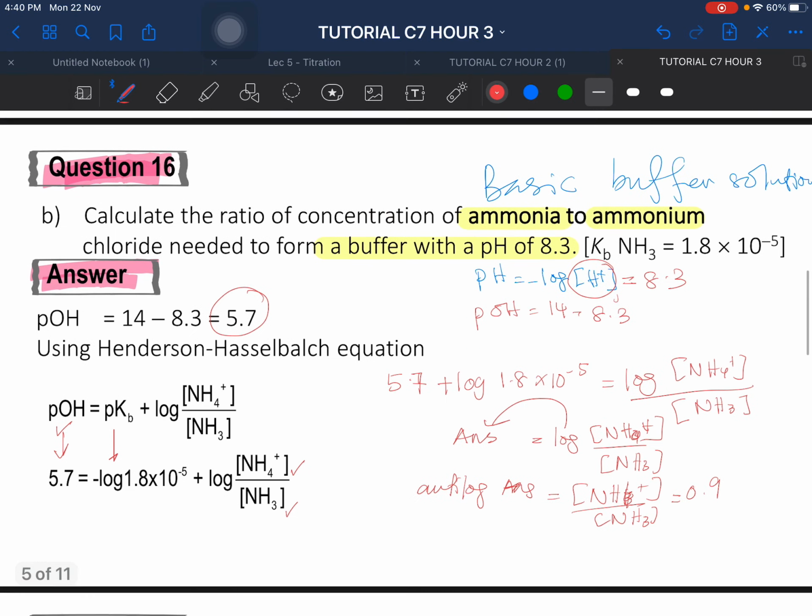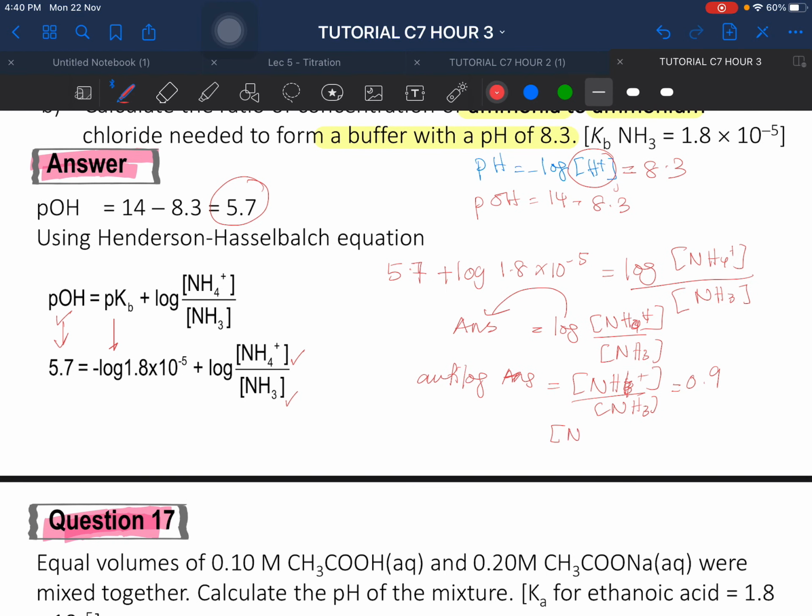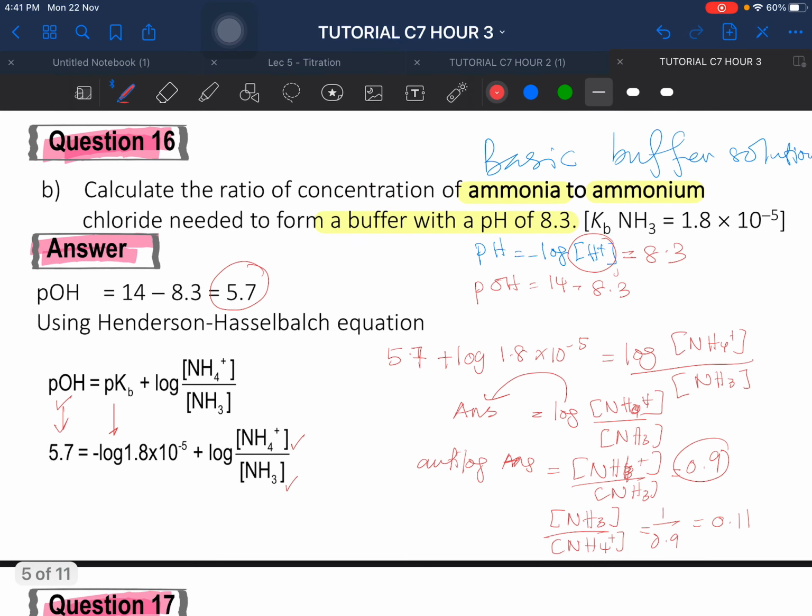Okay, since we want the concentration of ammonia over concentration of the salt, we need to invert this 0.9, which is 1 over 0.9, equal to 0.11. Okay, so that's all for question number 16.